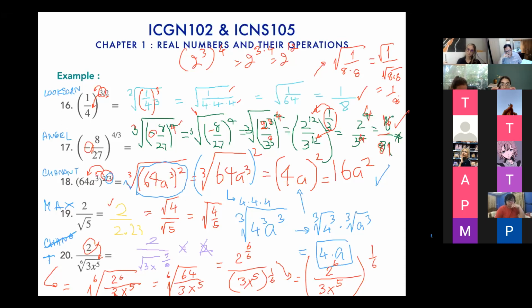For questions 16 to 20, if you have a question. Yes. For number 19, I multiply the bottom and top by square root 5 the same. Okay, that is question 19 as well. Any other question for other examples?